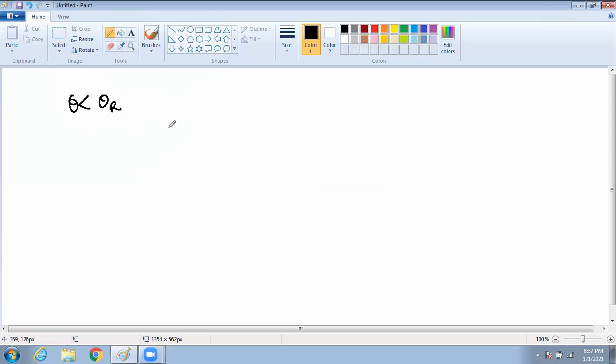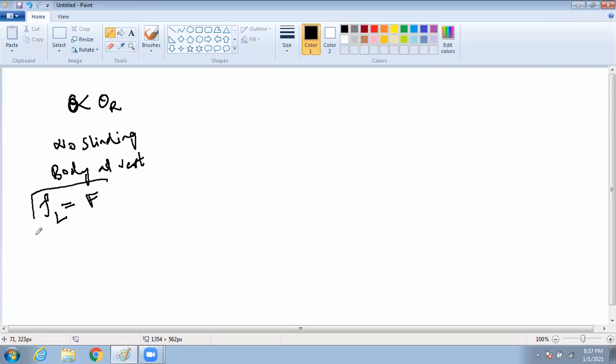There are three cases. If the angle theta is lesser than theta r, no sliding will happen. The body is at rest, and your static friction will be equal to the applied force.